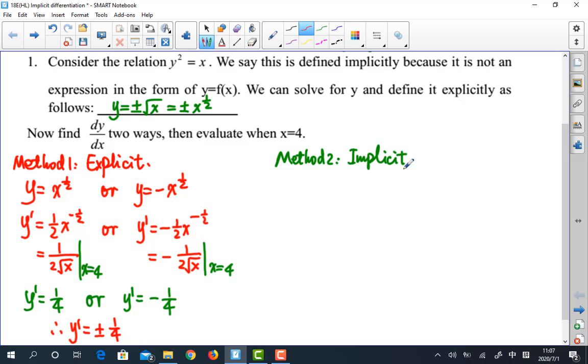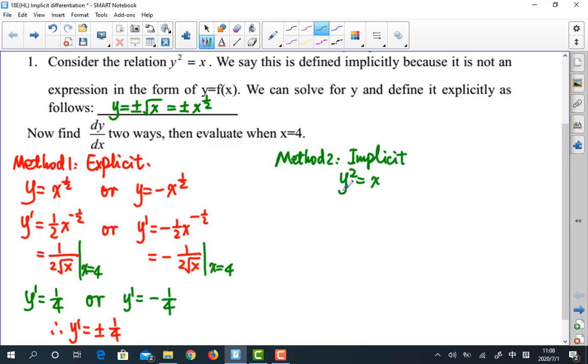Let's apply the implicit differentiation to see if we can get to the same answers. Implicit differentiation, what should we do? Remember, even if I don't want to isolate y, your y is still a function of x. So the implicit differentiation chain rule will always be applied.